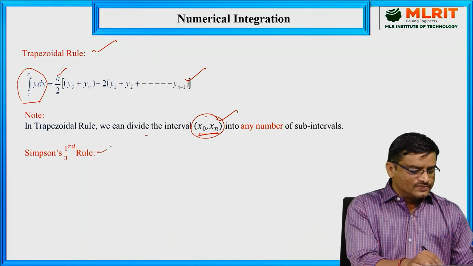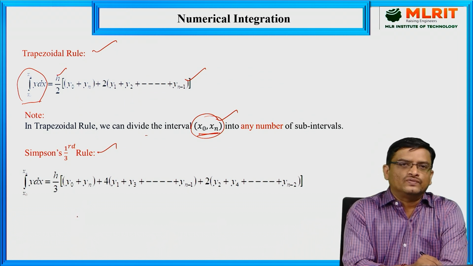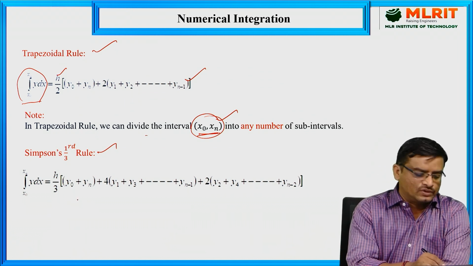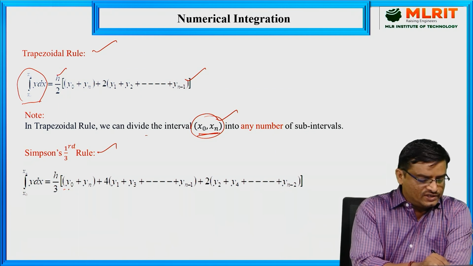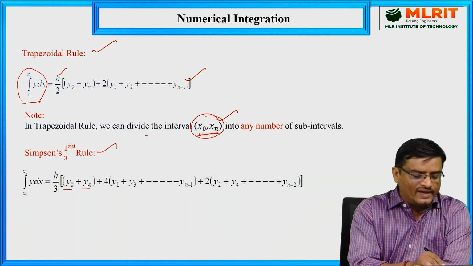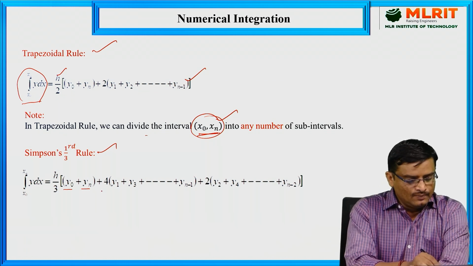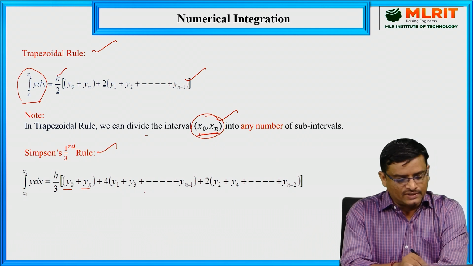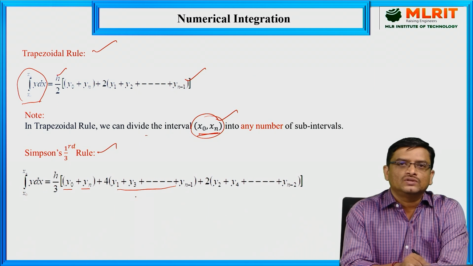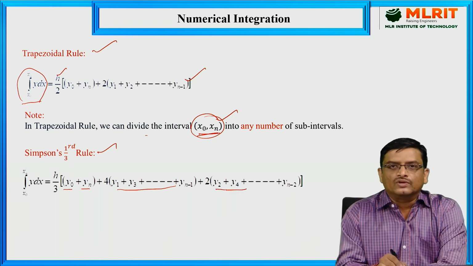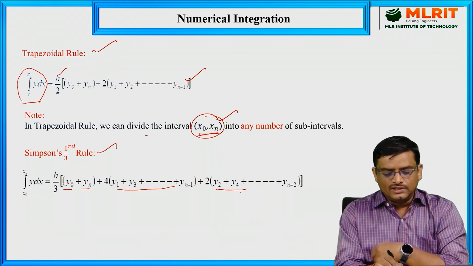Now for Simpson's 1/3 rule, we use this formula: h by 3 into y0, the initial value of y, plus yn, the final value of y in the table, plus 4 into y1 plus y3 and so on, where we take the odd ordinates of y values, plus 2 into y2, y4, y6, y8, y10 and so on, the even ordinates.